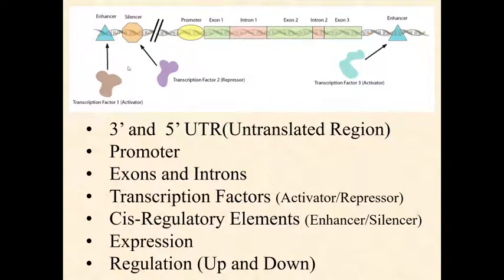But for this purpose, it's the big picture, the concepts that are important to us. Okay, so a transcription factor that is called an activator binds to a regulatory element that's called an enhancer, and the gene is turned on. Transcription begins, the gene transcript is made, and that will continue as long as that process is suitable.